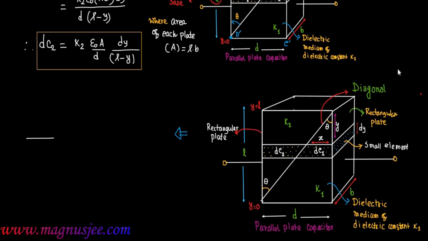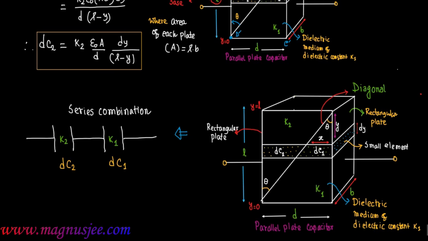Now this parallel plate capacitor containing two dielectric media placed diagonally can be assumed as the series combination of two capacitors containing two dielectric media of dielectric constant K2 and K1. dC2 and dC1 will appear to be connected in this series combination.